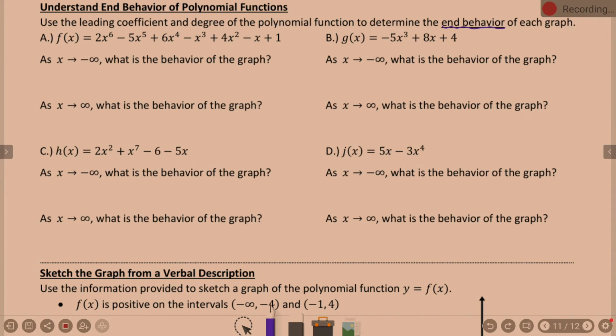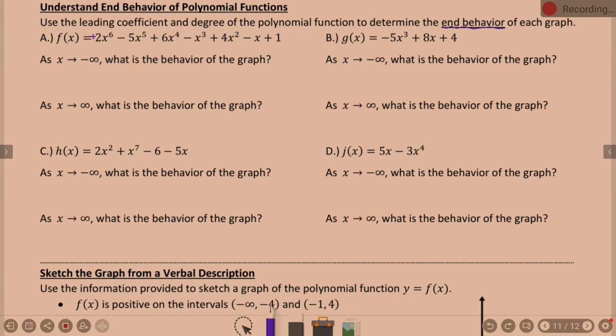Well, the first one. Right here, guys. Yeah, that's the leading coefficient. Okay? We just have to know what degree this is and what type of coefficient this is. So 2x to the 6th is the only thing that really matters. What do you know here about this term? It is positive. Okay?